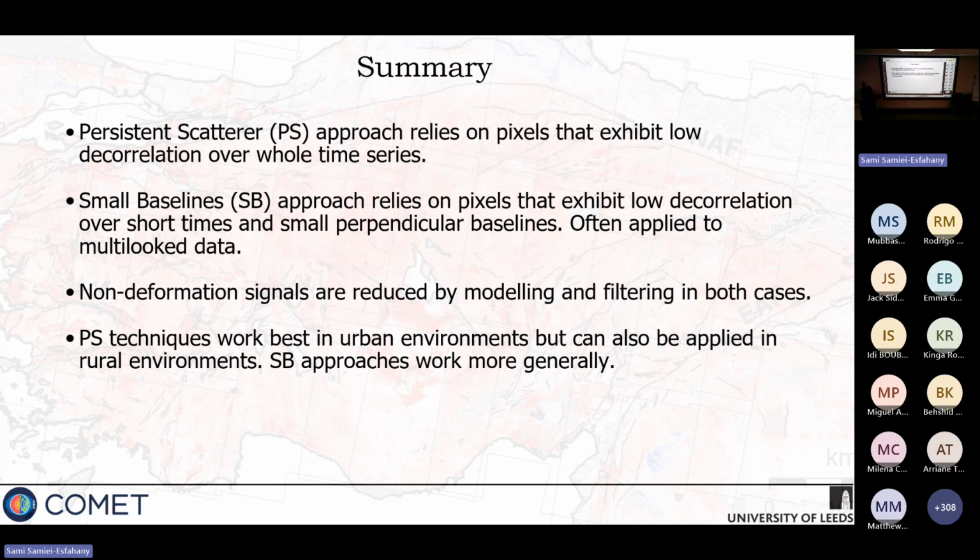Hopefully not too much, but if it decorrelates really rapidly, we'll hope it's lost. If it decorrelates over slightly longer times than the time between your acquisitions, then make interferograms and use the small baseline approaches. But note in both cases, signals which aren't related to deformation can be reduced by modeling and filtering.